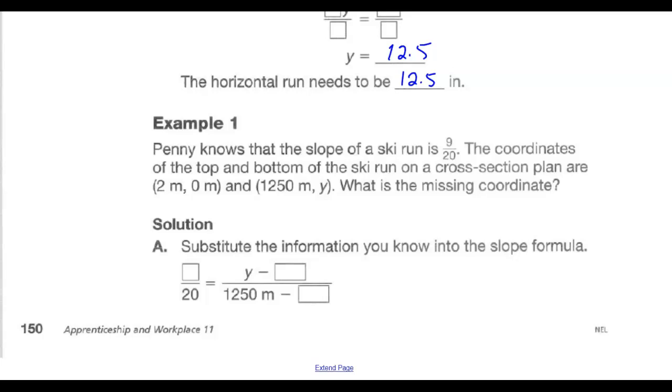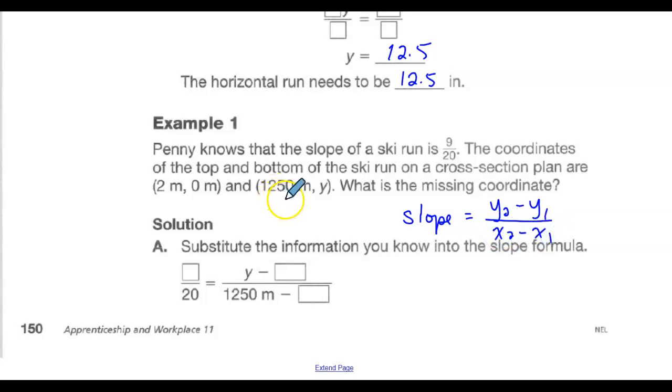Penny knows that the slope of the ski run is 9 over 20. The coordinates of the top and the bottom of the ski run on a cross-section plan are 2 meters, 0 meters, and 1,250 meters, and unknown. What is the missing coordinate? So remember, your slope is equal to y2 minus y1 over x2 minus x1.